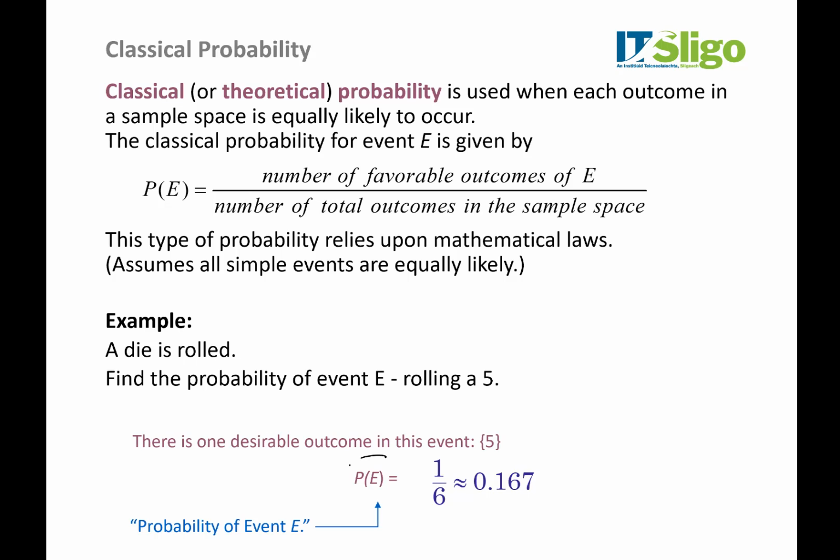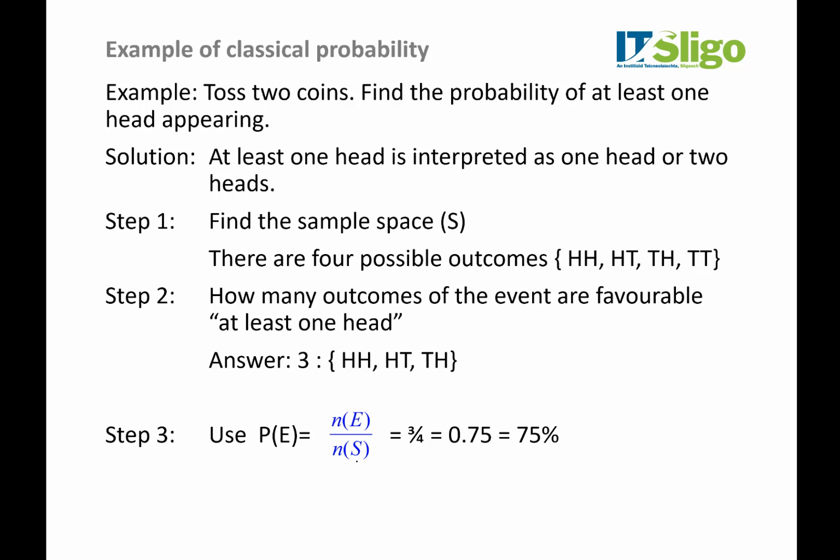And this is just part of the language, P(E), the probability of an event occurring. Often you write the event in there as well. Find the probability of at least one head appearing. Well, at least one head, we'll actually stop here.